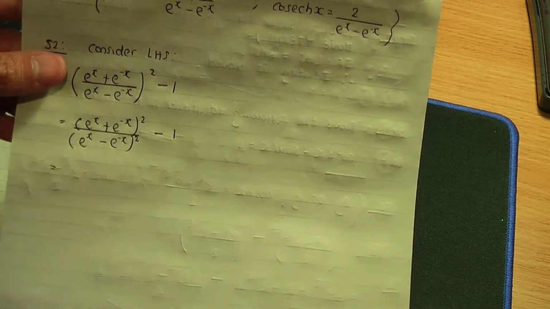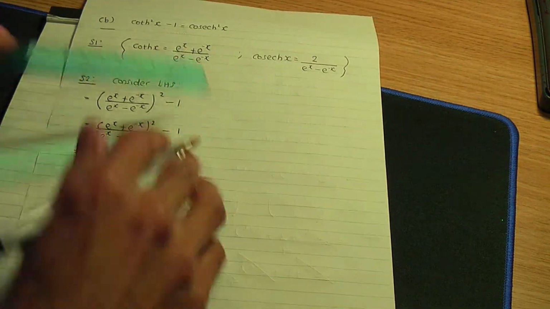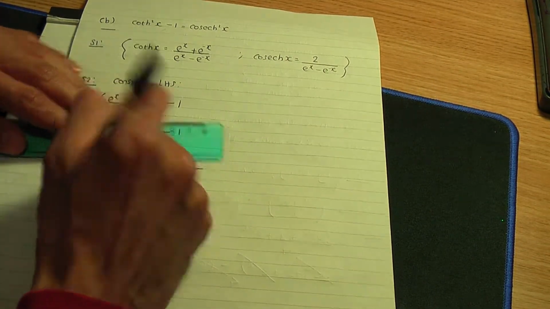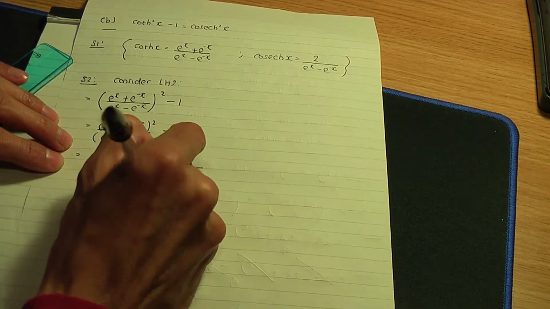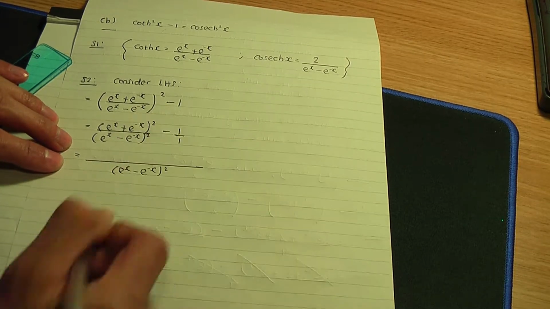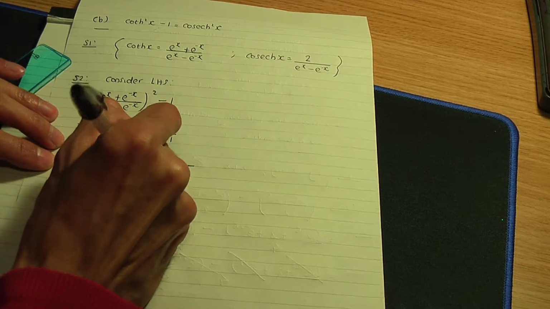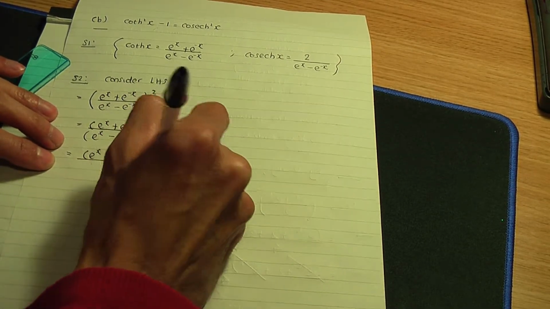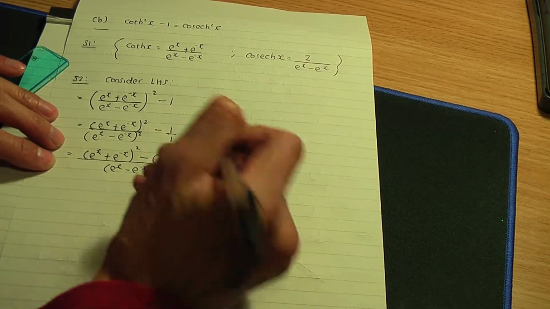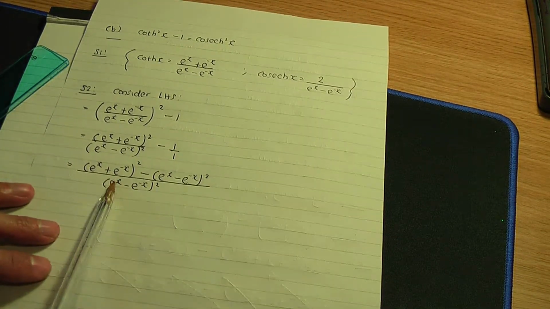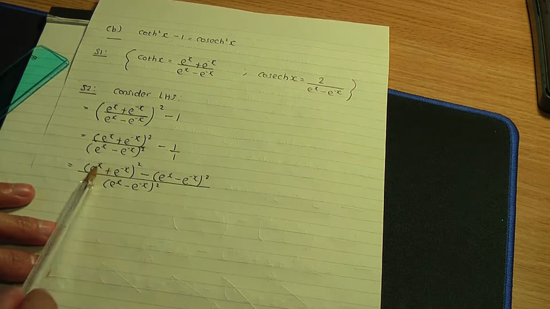Let me show you a quick way. I'm going to take a common denominator of e to the x minus e to the minus x squared. So I'm going to have e to the x plus e to the minus x squared minus e to the x minus e to the minus x squared on top. And I'm not going to expand the denominator, I'm just going to expand the numerator.